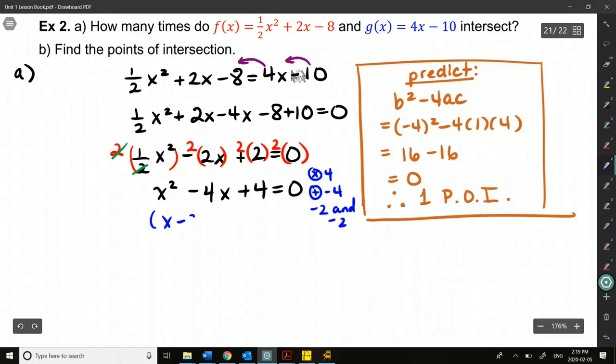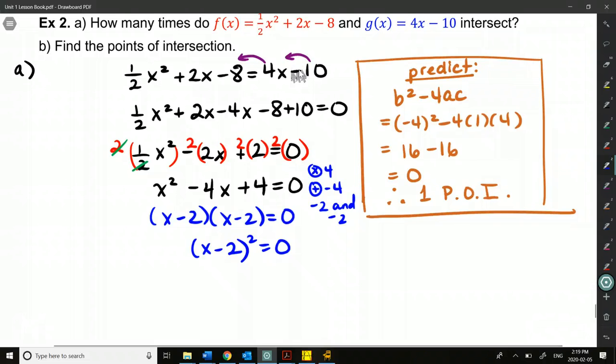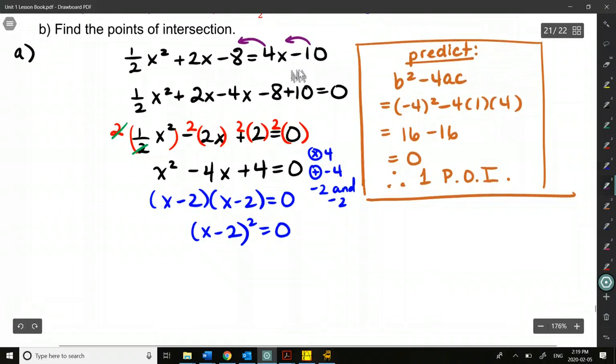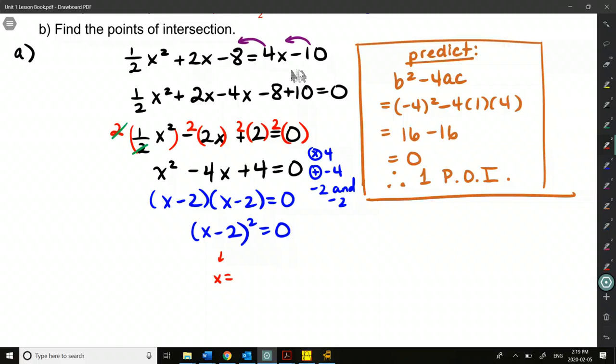So just x minus 2 and x minus 2. That's actually the same bracket, right? So this actually was a perfect square trinomial. If you had noticed that, you could have used that perfect square trinomial quick factoring. If not, no worries. So here, what do we get from this? x equals 2. That's right.